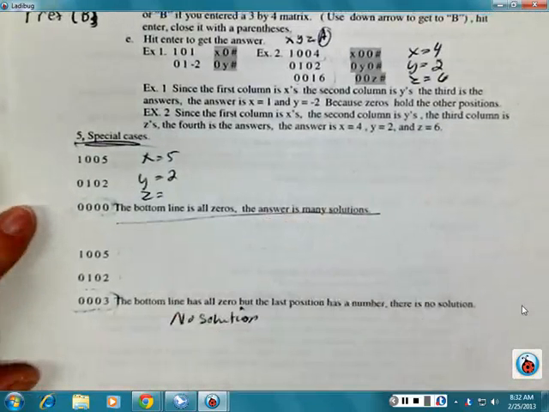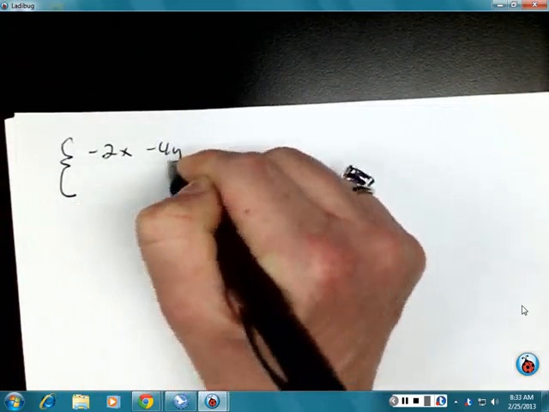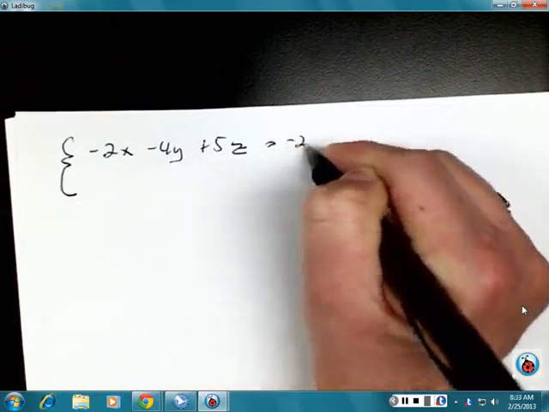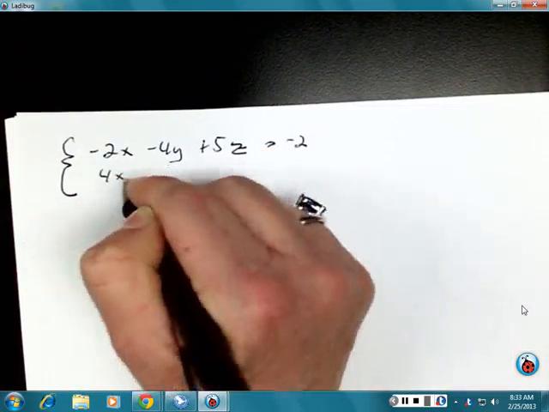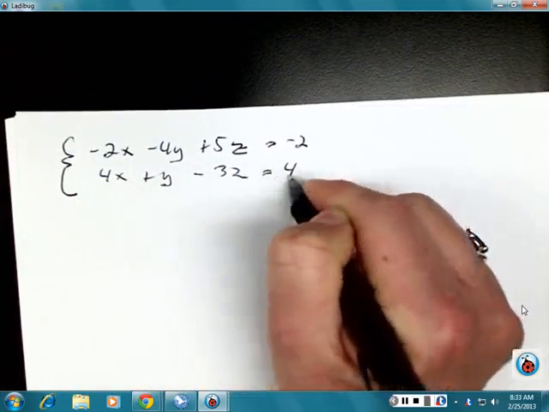All right, let's do some more of these things on our calculators. So let me find some other examples here of what we can do with these. So here's one. Negative 2x minus 4y plus 5z is equal to a negative 2. 4x plus y minus 3z equals 4.